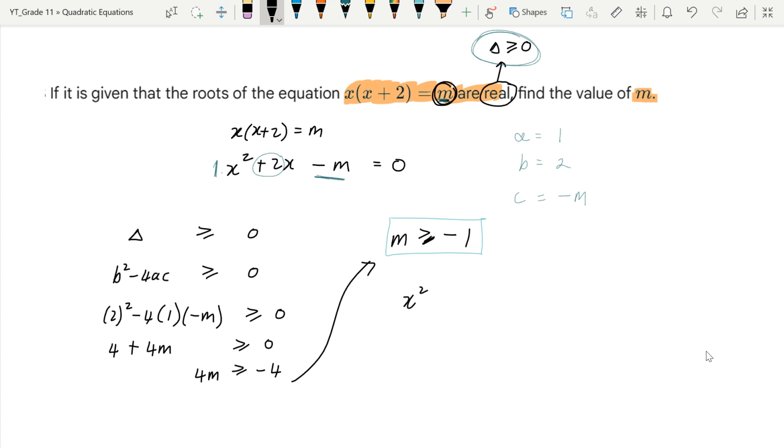So if we have x squared plus 2x, and anything that is bigger than -1, so let's choose 10, and we make m 10, if we work that out, the roots will be real. So m can be a ton of values, anything that's bigger than -1. When we plug it in, the roots for that equation will be real.